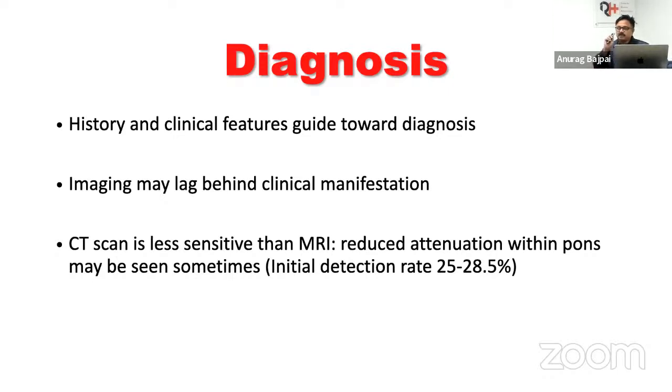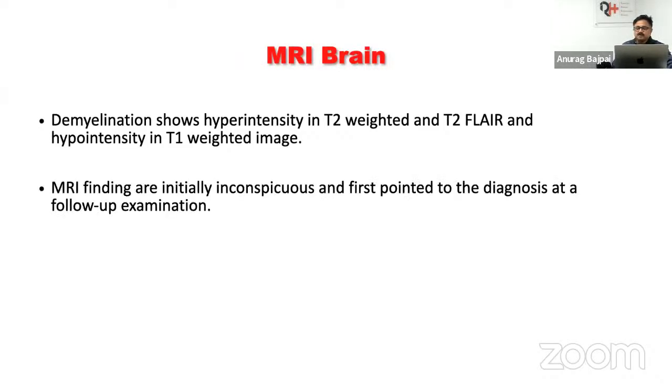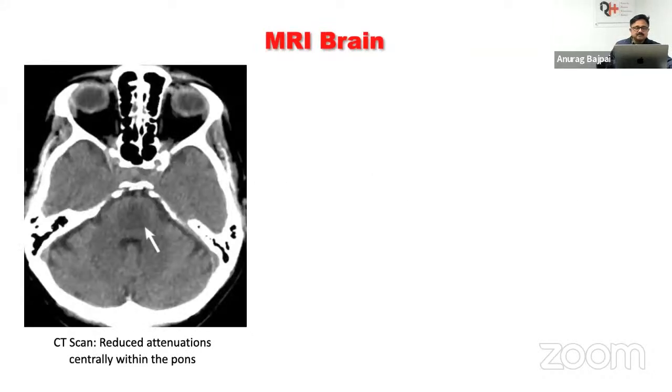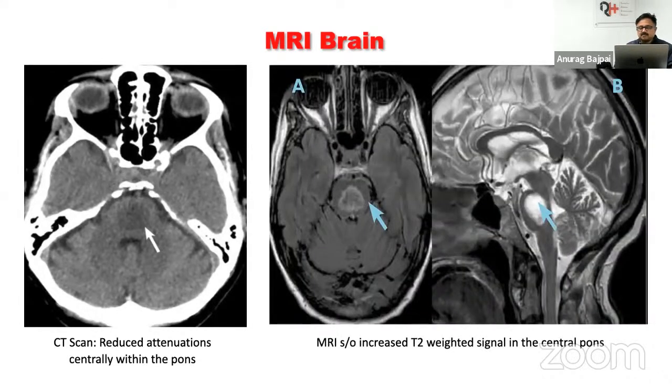So from the term itself, you just look at the central part of the pons in MRI, and your diagnosis is done. This is a CT, where you can see a hypointense lesion in the central part of the pons. If it is a T2 weighted image, you just see the central part.